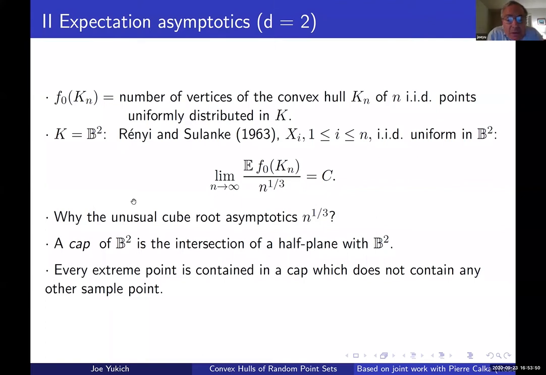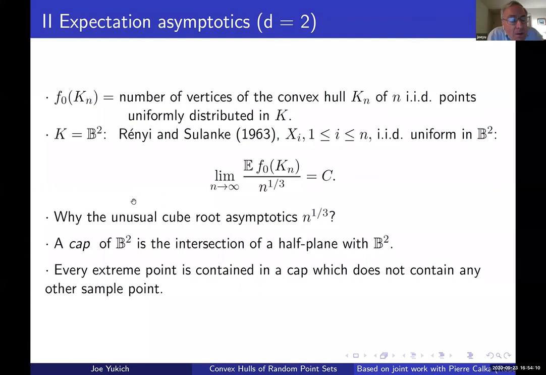And I will give some heuristic explanation, which can be made rigorous, but here is the idea. Let's understand that a cap of the unit disk is the intersection of a half plane with the unit disk.